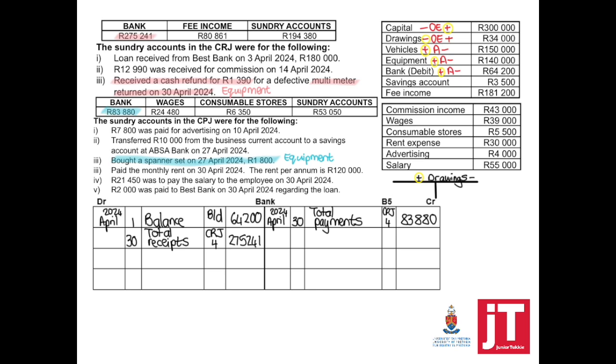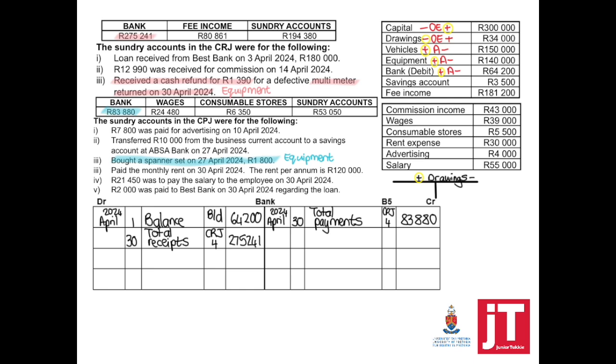To balance this account, it means that we want to see at the end of the month how much money we have left over in this bank account. What is our balance? In order for us to do this, we need to look, first of all, which side is the greater side. And this is important to always take note of with bank.